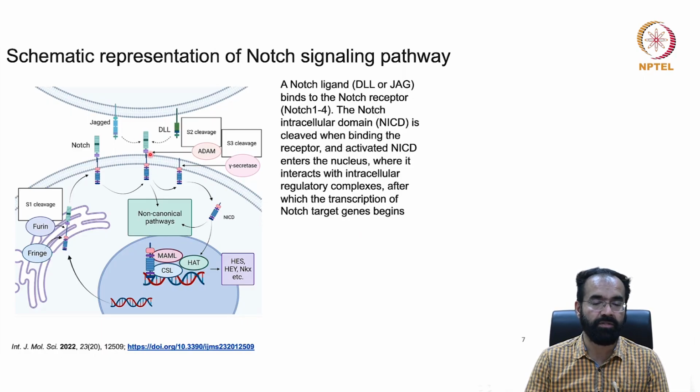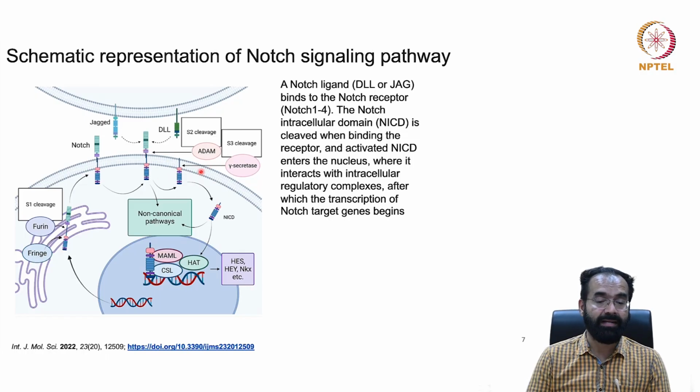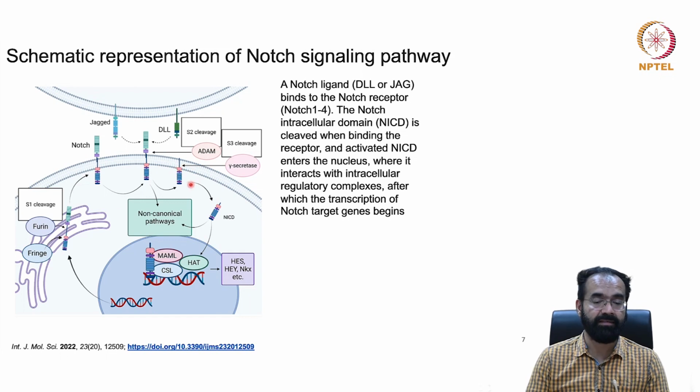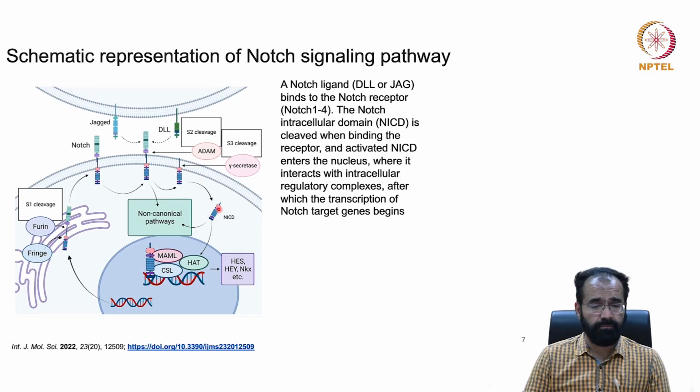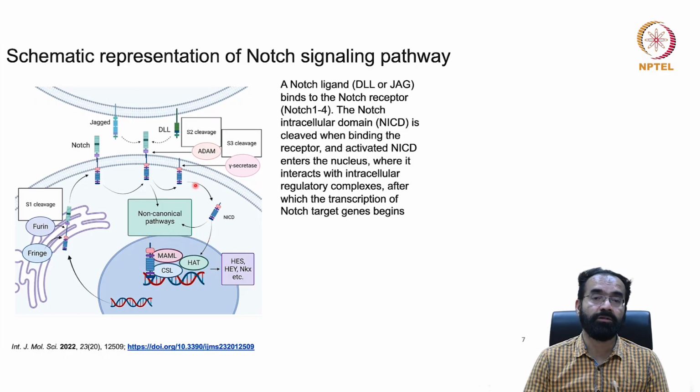They are all acting on Notch, and ADAM cleaves here and gamma secretase cleaves here, and this NICD is freed. So ADAM is the first cleavage, gamma secretase is the second cleavage. If NICD goes into the nucleus, it can work in the canonical way, and it can also do several non-canonical pathways.